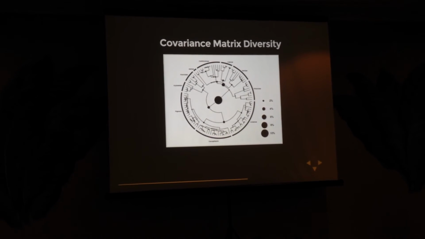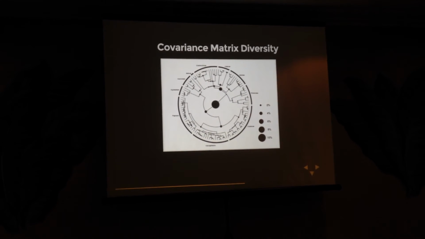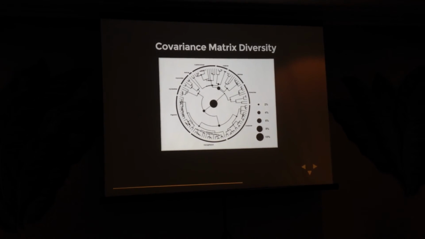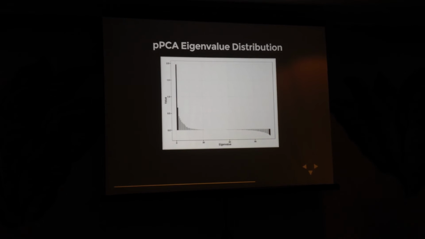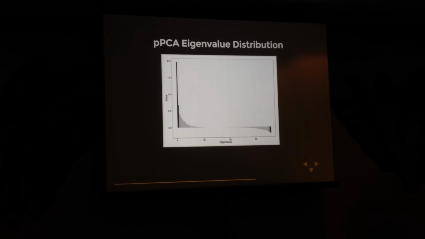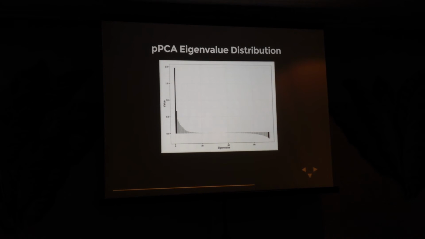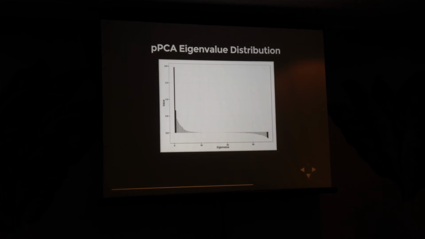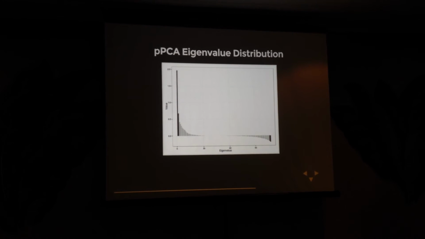The remaining 90% of diversity is distributed along the phylogeny. This is the distribution of eigenvalues for the phylogenetic PCA, and we have a set of global PCs and a set of local PCs. I'm going to show you quickly the first two global PCs and the first two local PCs and what kind of variation in covariance structure they represent.